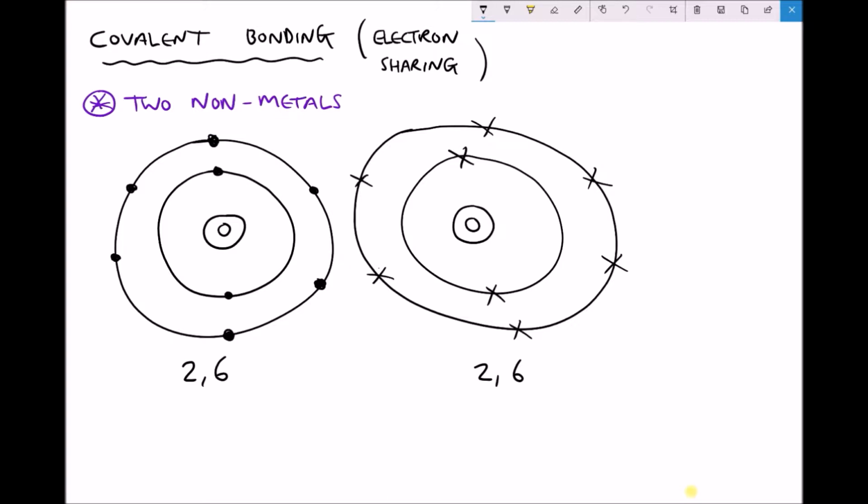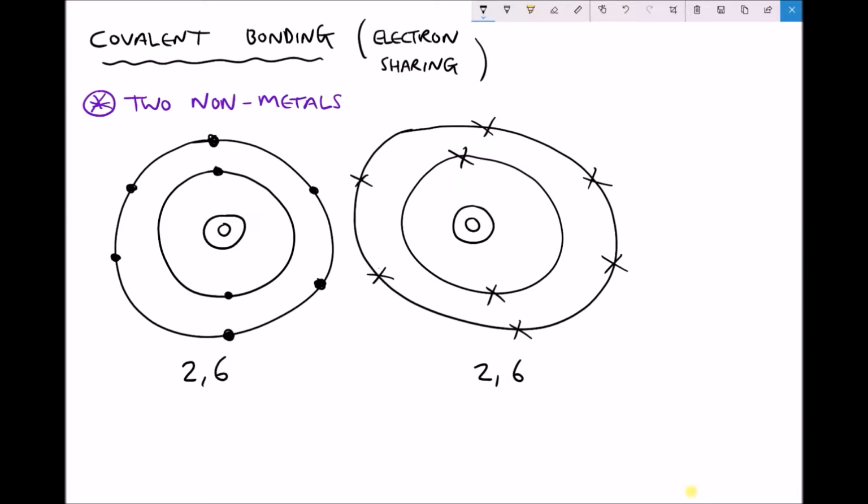It needs 8 in its outer shell in order to be stable. Neither of these is going to want to give up 2 electrons. They both want to gain 2 electrons. So we can't have an ionic bond form where we have the transfer of electrons from one atom to another. Instead, these two atoms share electrons.